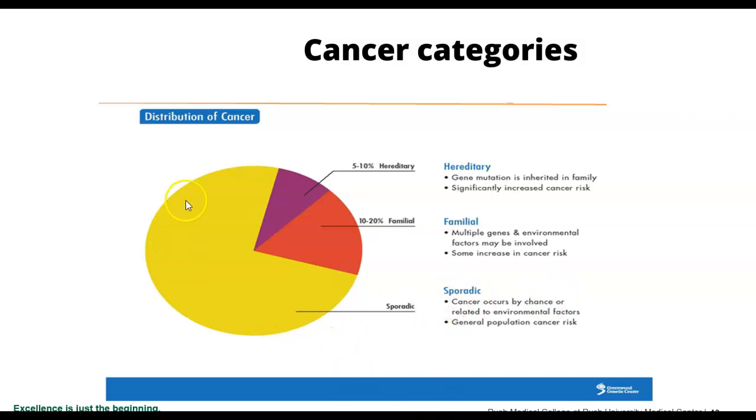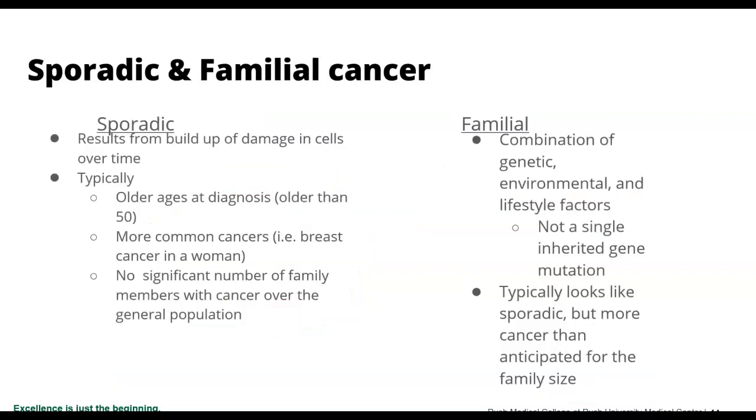Having said that, the vast majority of cancer is sporadic. 10 to 20% are familial. That means we see a family pattern, but we're not really sure why. And 5 to 10% are hereditary. So sporadic results from buildup of damage to cells over time. Typically, the individuals are older when they're diagnosed, older than 50.